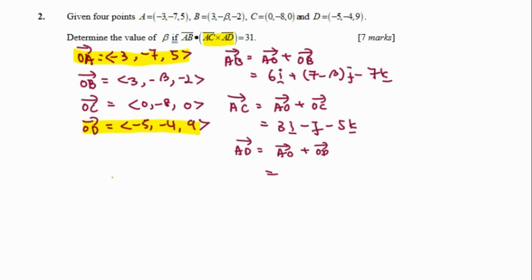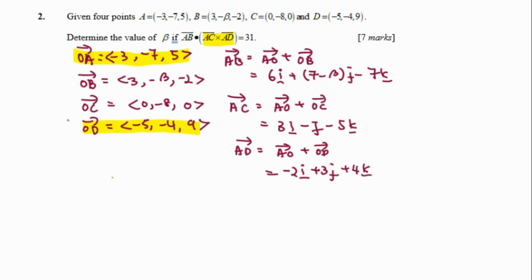Therefore, our final answer will become positive 3 minus 5, you'll get negative 2i. Then positive 7 minus 4 will become positive 3j. And finally, negative 5 plus 9 will get 4k.